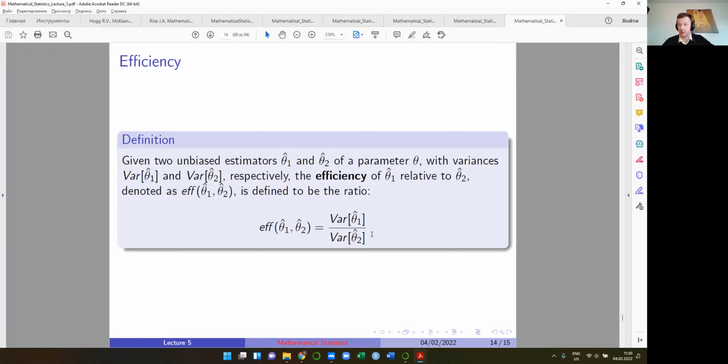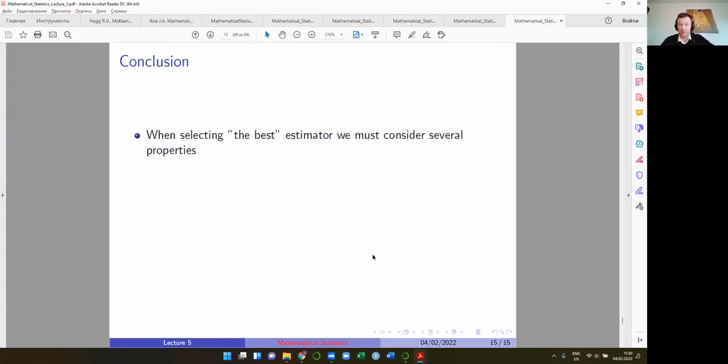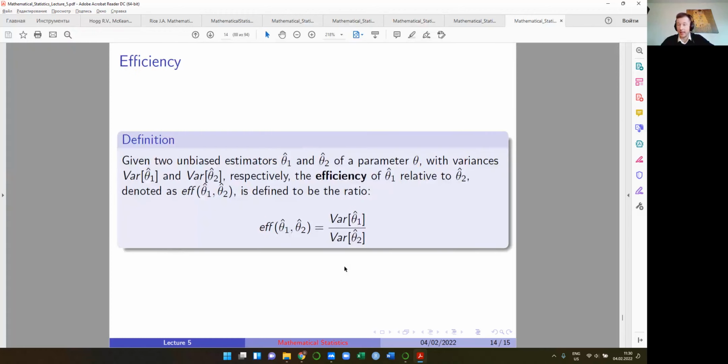If this ratio is less than 1, then the variance of theta 2 is greater than the variance of theta 1, which means that theta 1 hat is more efficient than theta 2 hat. Basically, we want to find an estimator that has the lowest possible variance.